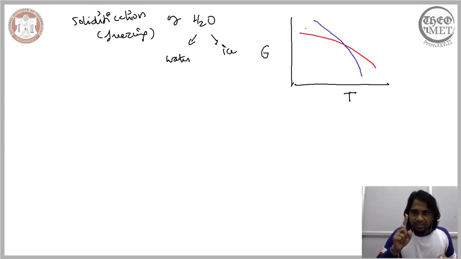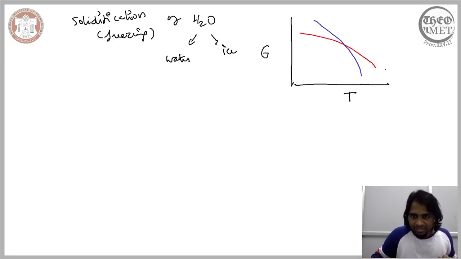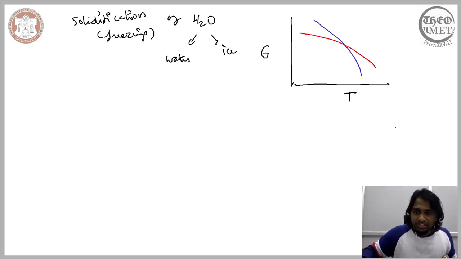Now the reason we have two different curves is because these two have two different properties, particularly the heat capacity, and the role of the heat capacity becomes dominant as the temperature increases. That is one of the key observations that we saw in our previous discussion. As the temperature increases, the curvature correspondingly decreases.